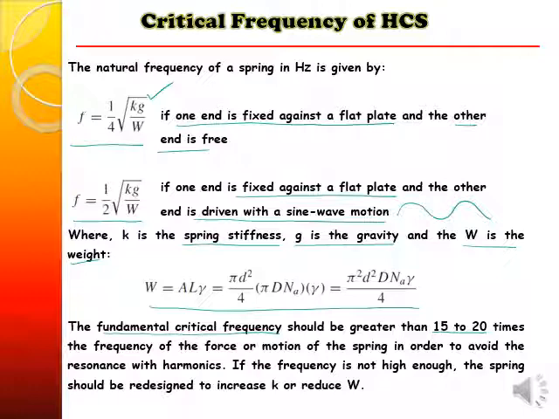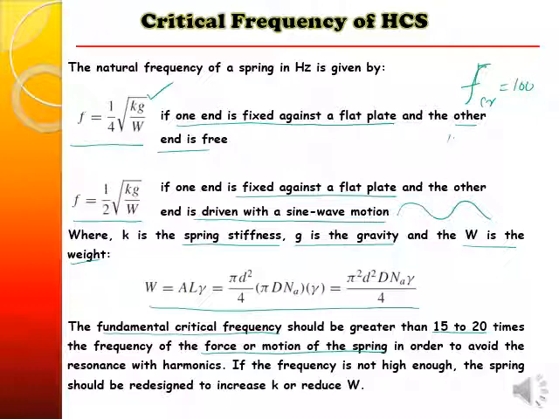In other words, let's see, you have a critical frequency F which you calculated, let's say, as 100. Now you are going to apply a force or motion to the spring. What you need to do is reduce it by 15 to 20 times.